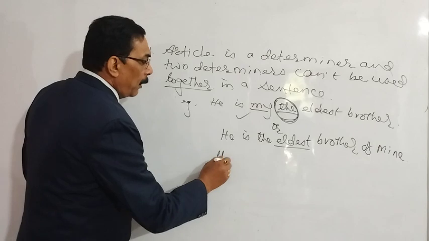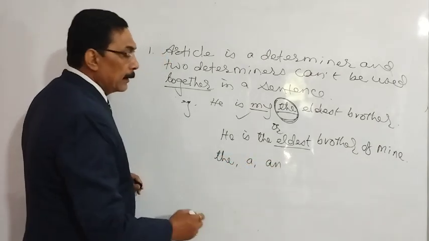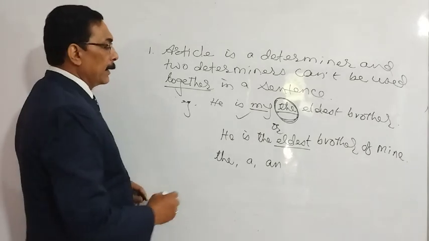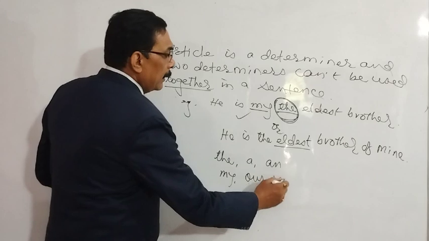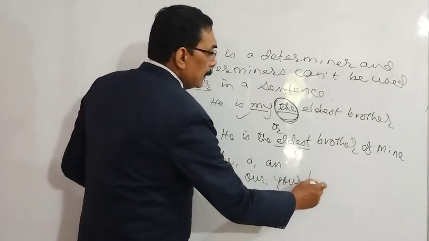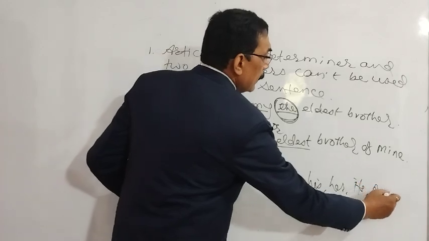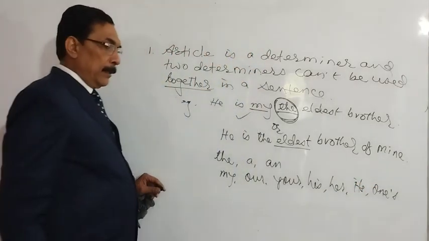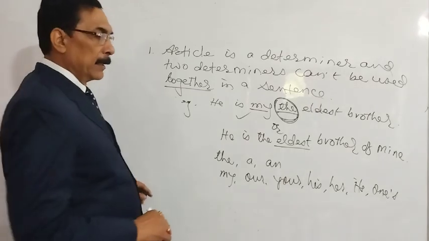Like, apart from a or the, there are many determiners like my, your, his, her, its, one's. These all are possessive adjectives and act as determiners.